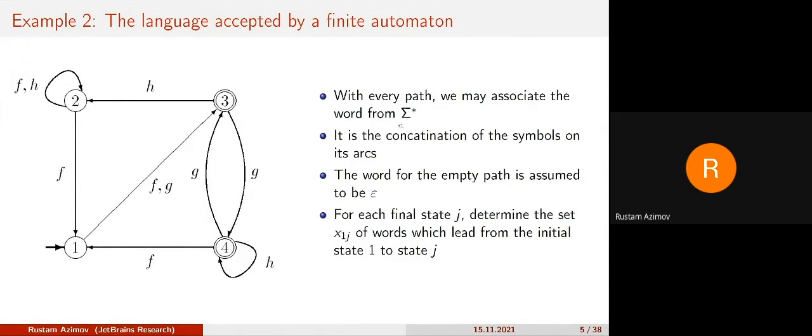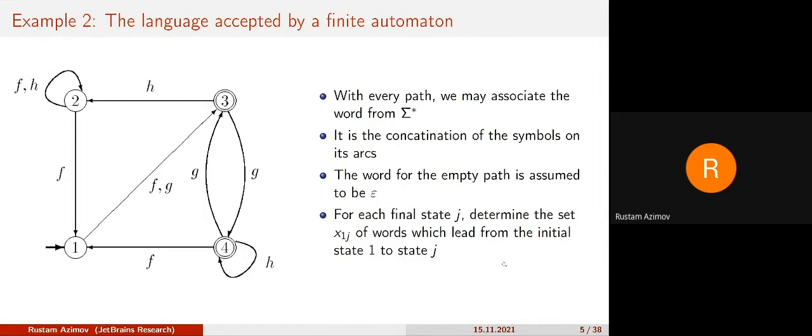Then we can associate with every path a word, just by concatenating the symbols on its arcs. And for the empty path, let's assume the word to be the empty word, epsilon.